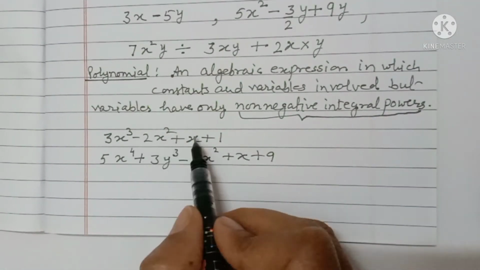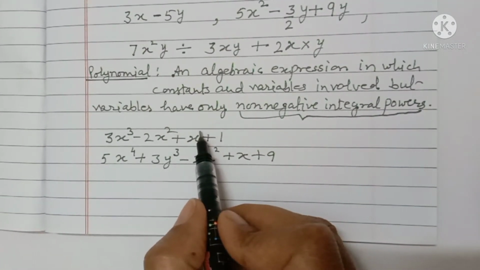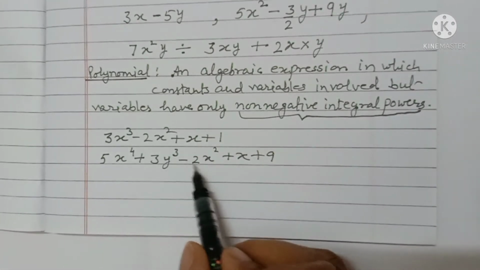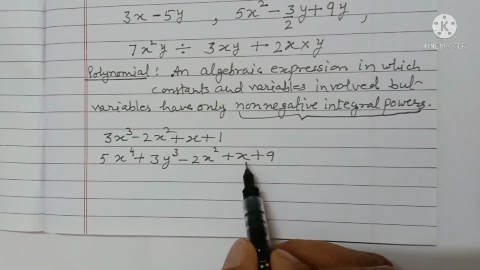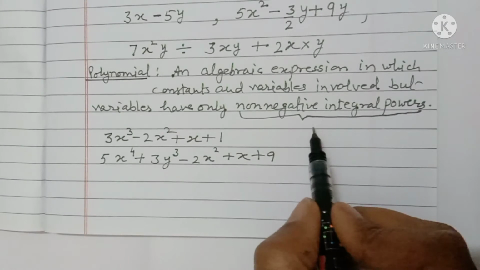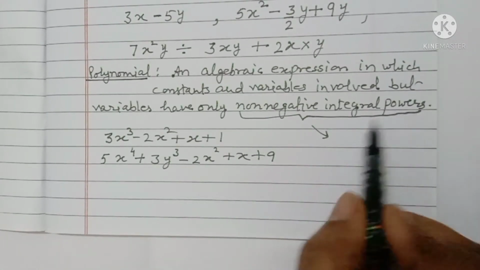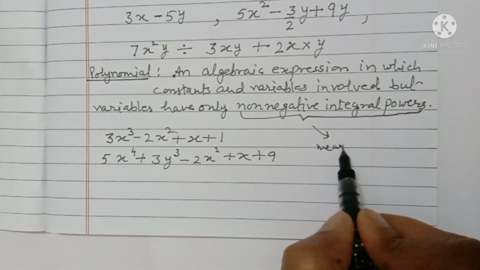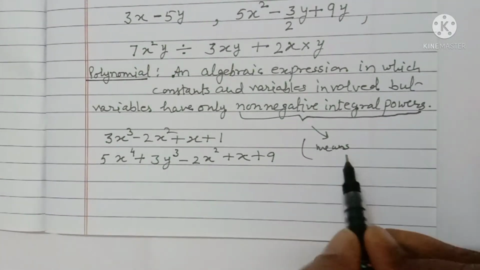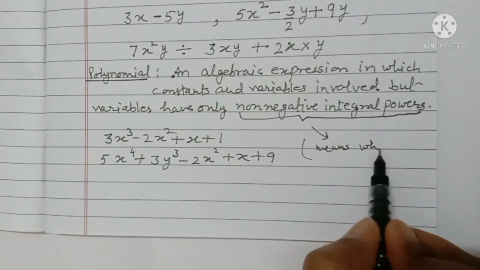Here 3, 2 and x to the power of 1, these are all powers in the form of whole numbers.